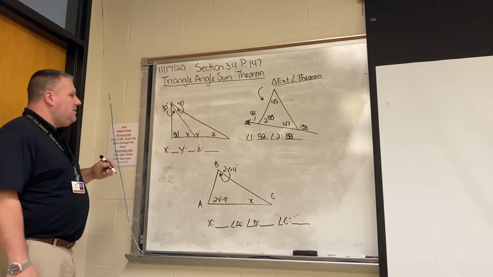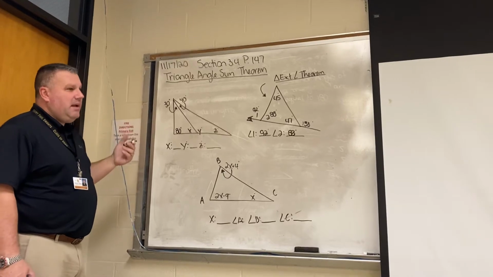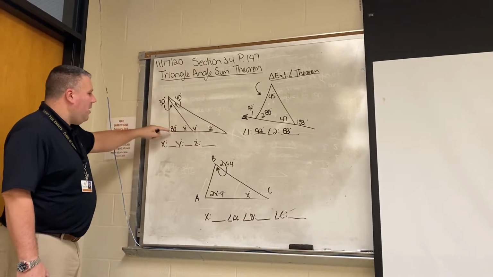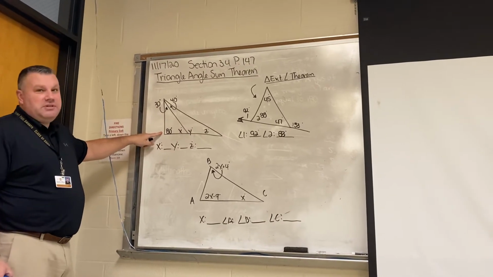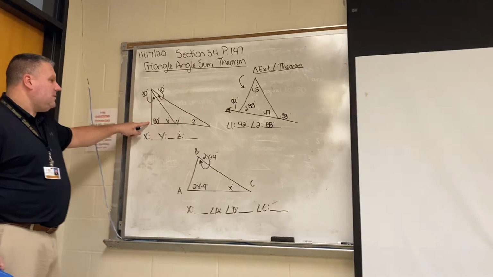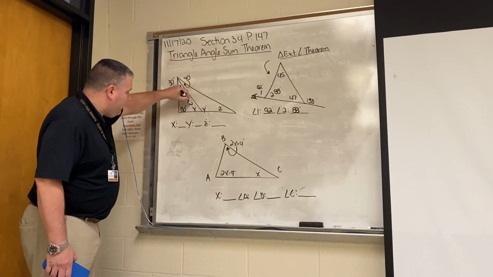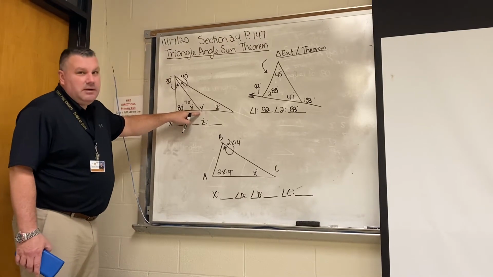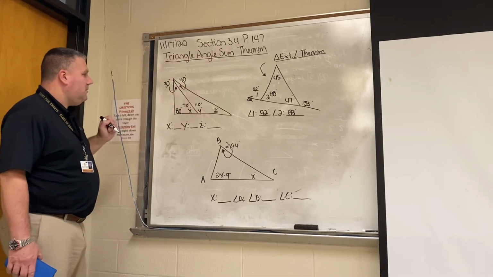Now, a couple different things here. We know that the sum of interior angles of a triangle has to equal 180 degrees. So if we look at just this smaller triangle here, we have 30 and 80, which is equal to 110 degrees. 180 minus 110 degrees, this is 70 degrees. If this is 70, 180 minus 70, this has to be 110 degrees.